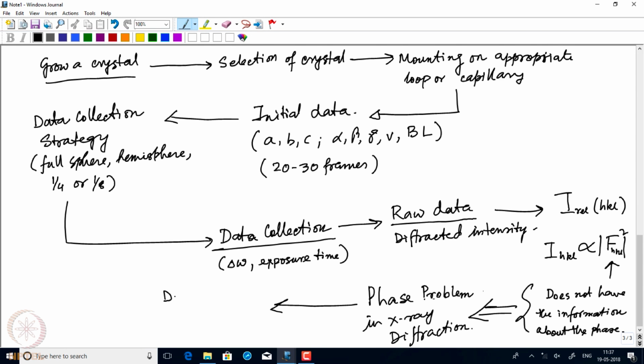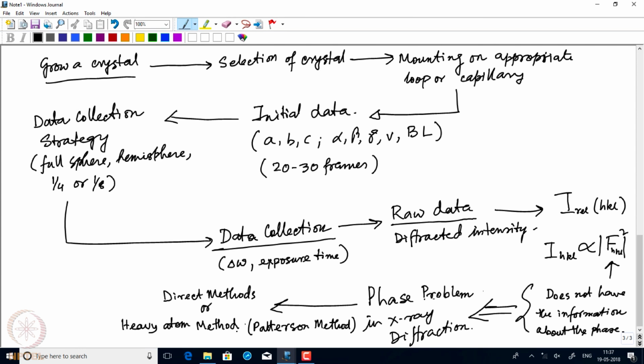We use direct methods, or if our compound has any heavy element, we use the heavy atom method, which is named after Patterson as the Patterson method.